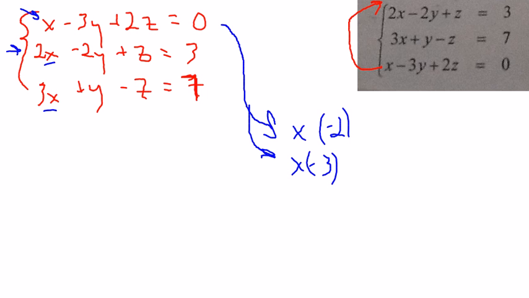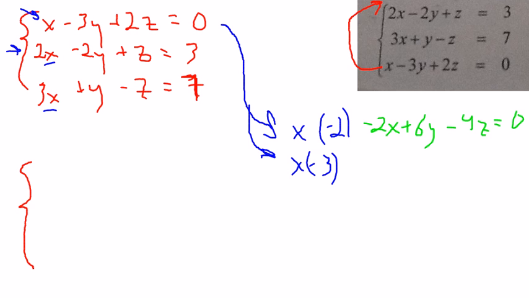So when I multiply, that gives me, for the -2, I'll go green, -2x plus 6y minus 4z equals nothing. So, I'll go ahead and write in red here.